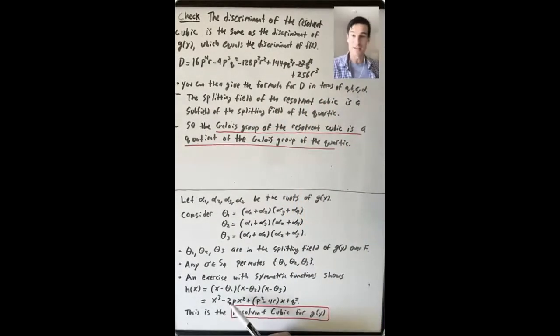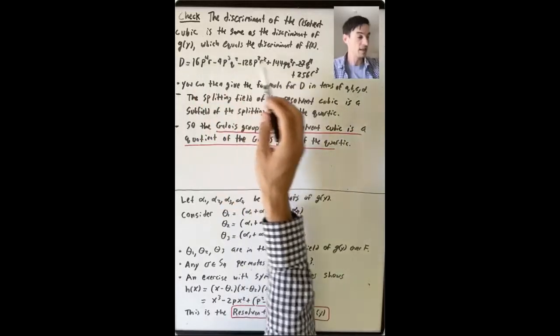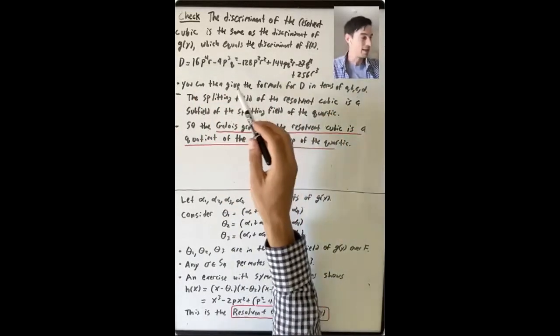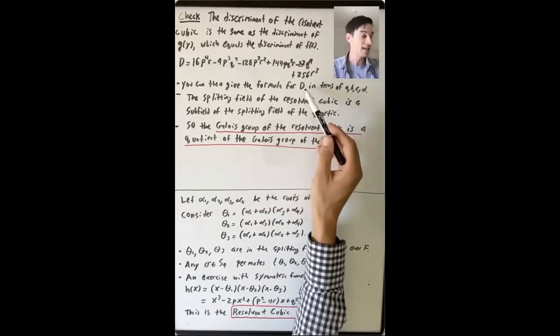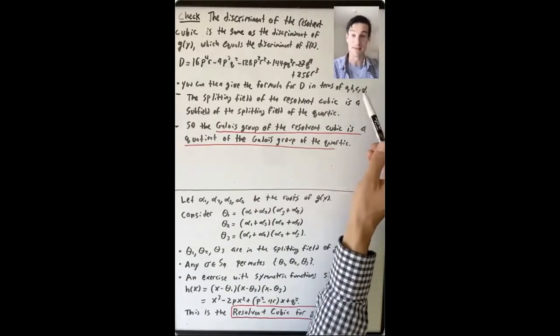The point is not so much what exactly this discriminant is, but the fact that you can compute it given this cubic in terms of these original coefficients, p, q, and r, that, remember, came from the original coefficients of the quartic a, b, c, and d. So given this formula, you can then give the formula for the discriminant in terms of a, b, c, and d.